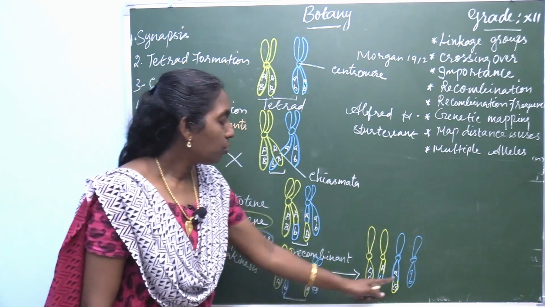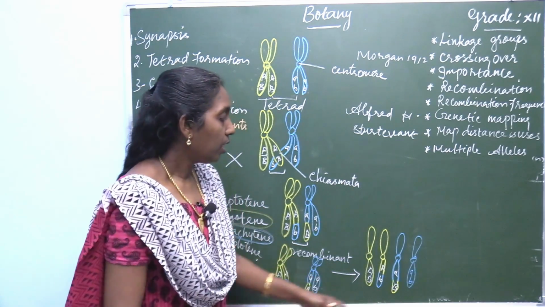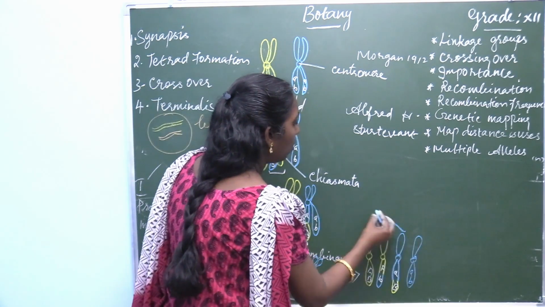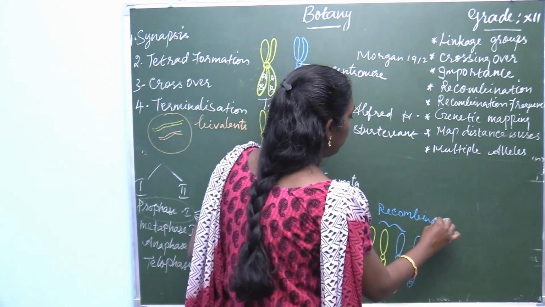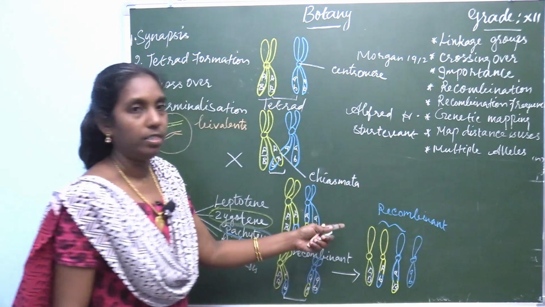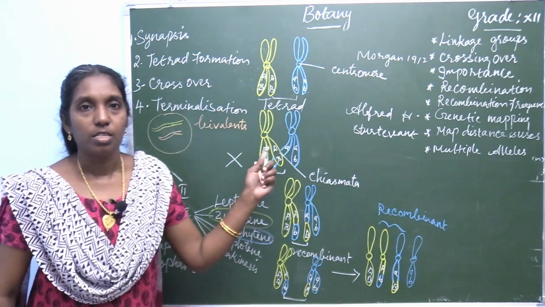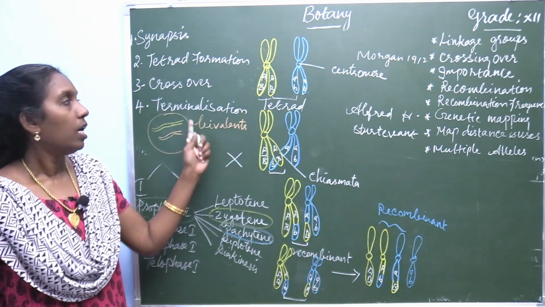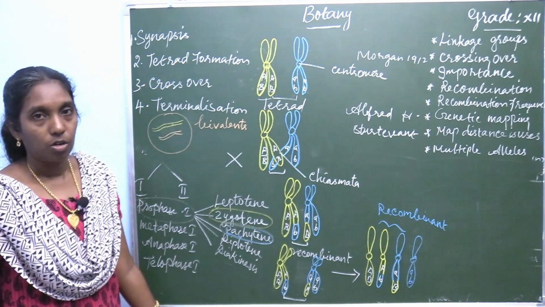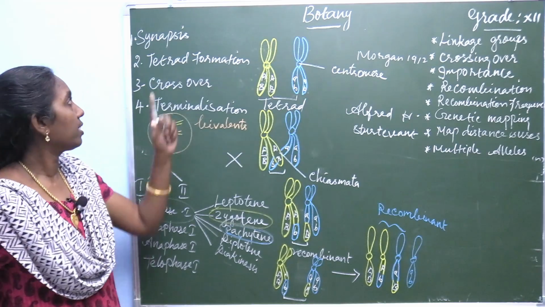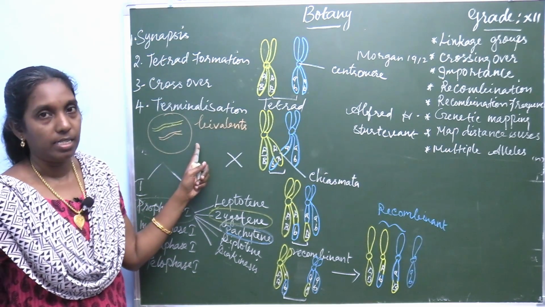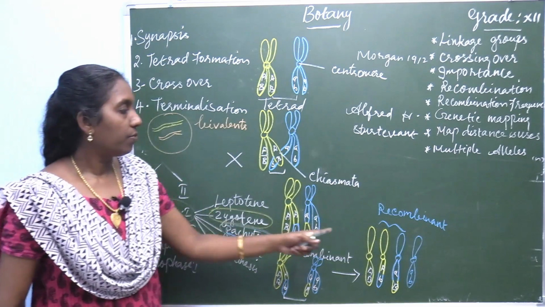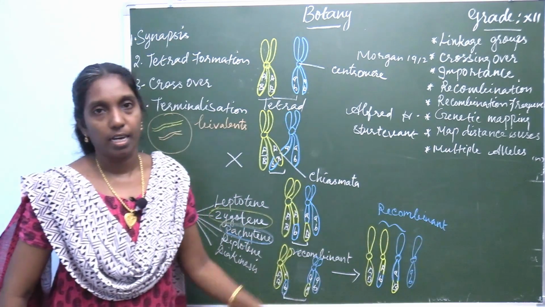Now these two are parental and these two are recombinant genes. This question is very important, for 5 marks. The mechanism of crossing over involves four different stages: synapsis, tetrad formation, crossover and terminalization. As a result, recombinant genes are formed.